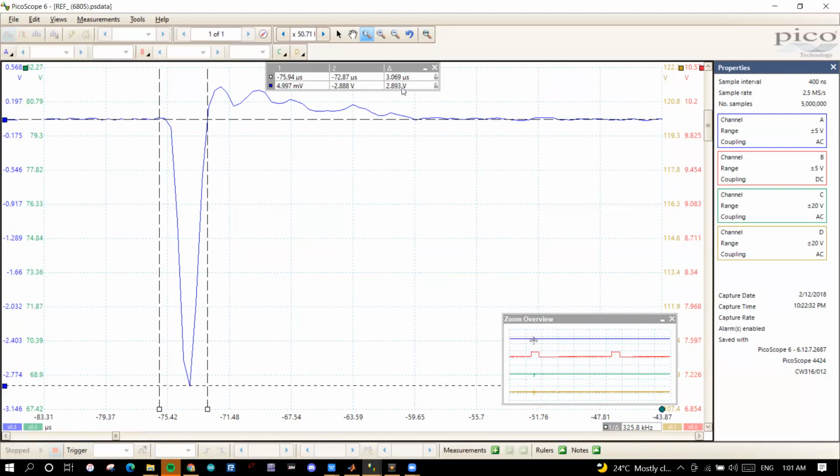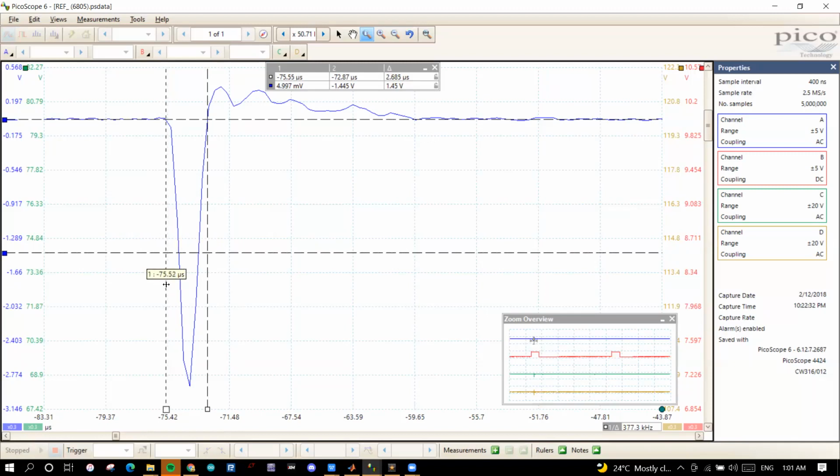So 2.893 divided by 2 will get around 1.4465. 1.4465 is around this level, approximately 1.45. So this is approximately the middle part of the lightning impulse. The time range here is the time taken for the full width half maximum to happen. So here is around 1.9 to 1.29 microsecond.